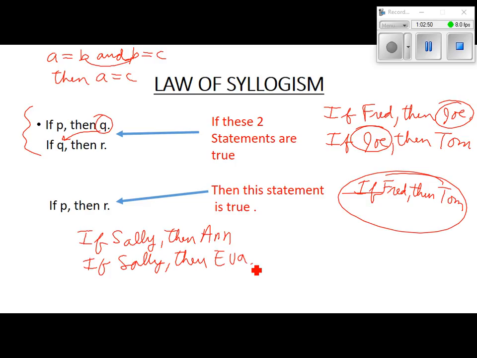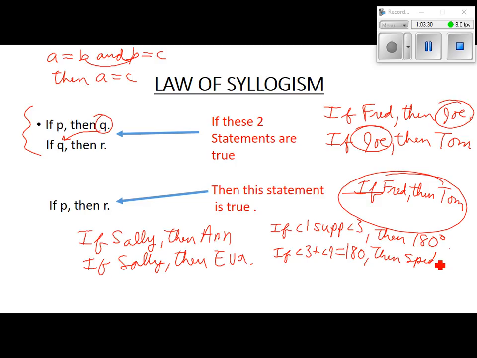Let's use geometry. If angle 1 is supplementary to angle 2, then they add up to 180. If angle 3 plus angle 4 is 180, then they are vertical angles.